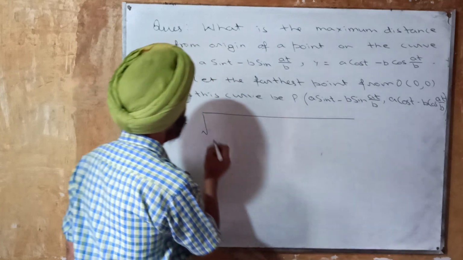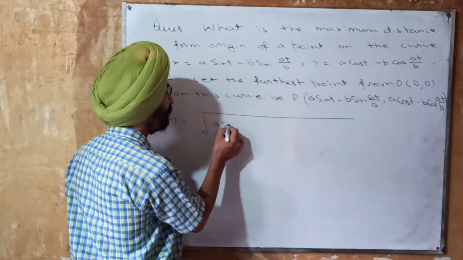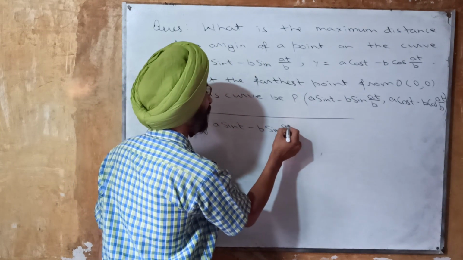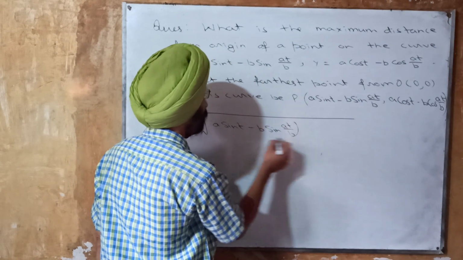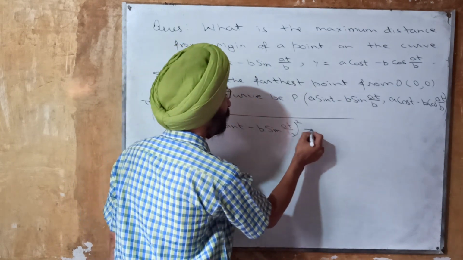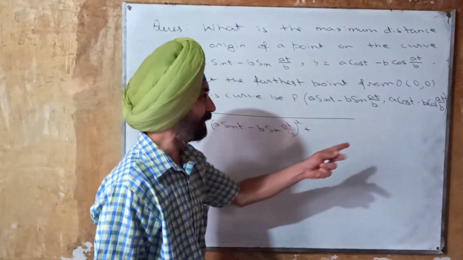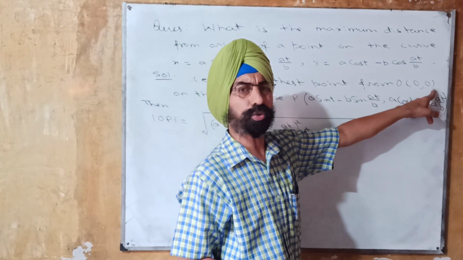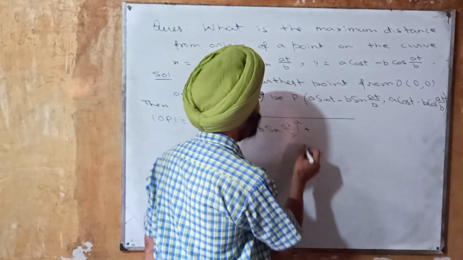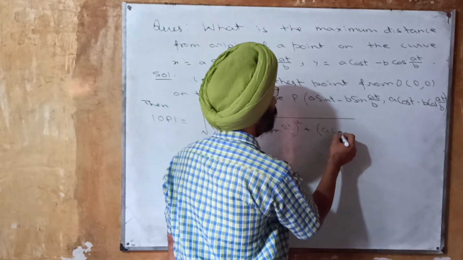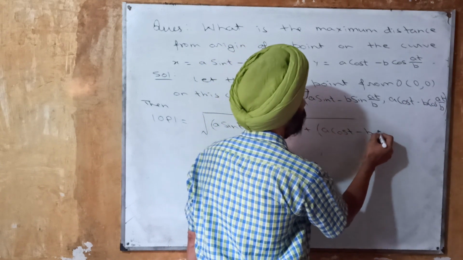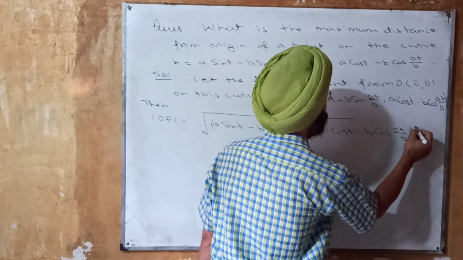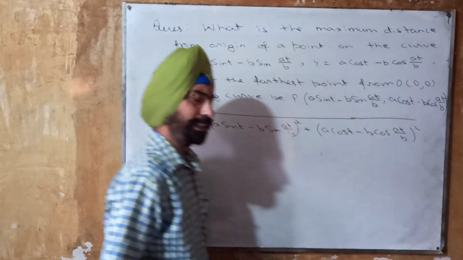So it will be (a sin t minus b sin at) upon b, squared, plus, y2 is 0, so y1 minus y2 whole square means y1 square, so it is (a cos t minus b cos at) upon b, squared. So this is the distance.